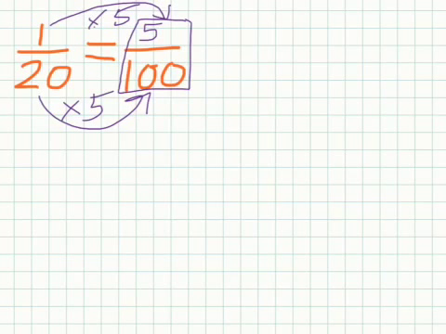5/100ths. Which way do you think the correct way is to write 5/100ths? .5 or .05? Well, we better read them the Math Pro way.